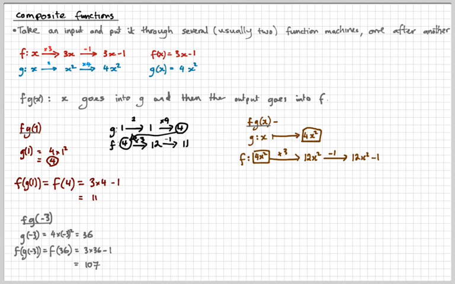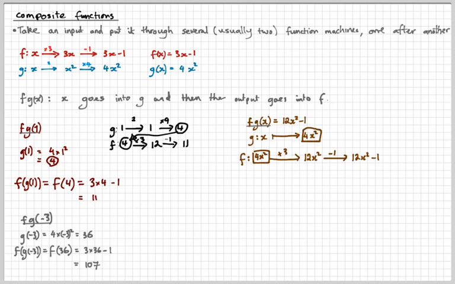So when you put x into the composite function fg of x, you put x through g first, and you get 4x squared. Then you take that output and put it through f, which multiplies it by 3 and subtracts 1. So the composite function fg of x is really just 12x squared minus 1.